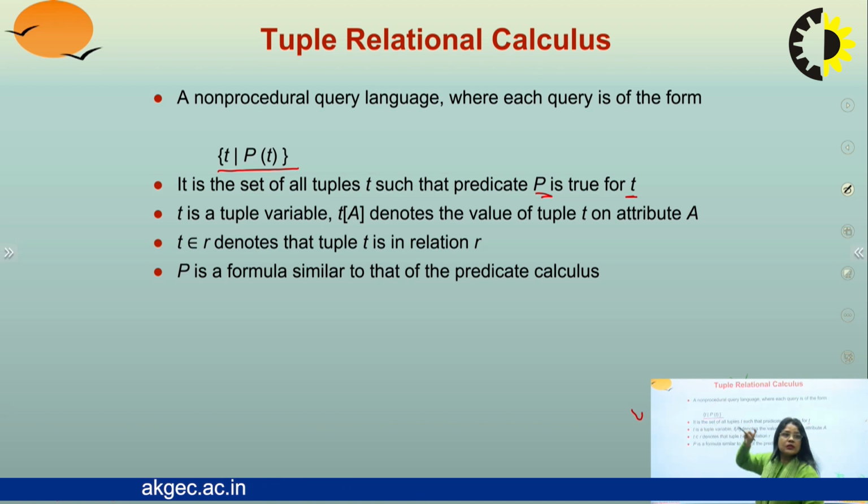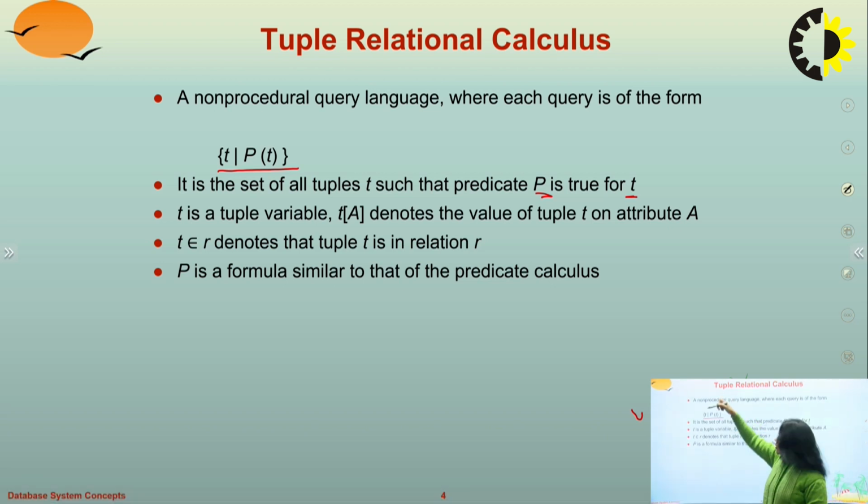T is the tuple or set of the tuple. P is the predicate. If we are writing P(T), it means that the predicate is true for all the tuples which are described here, right?